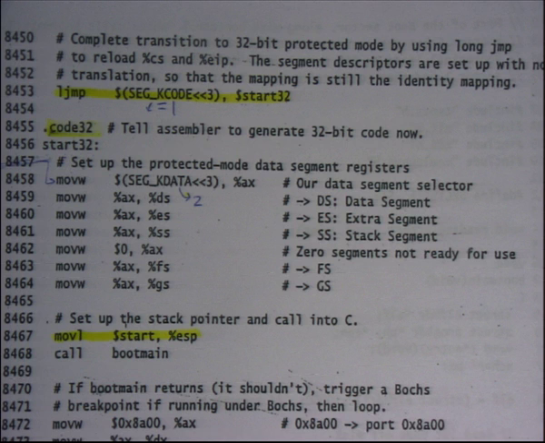And what is start 32? Start 32 is just here. It is the address of this particular instruction, whatever comes after start 32. So by using ljump it causes CS to get overwritten. Right now CS was 0, now you are overwriting CS with 1 shifted by 3 bits.